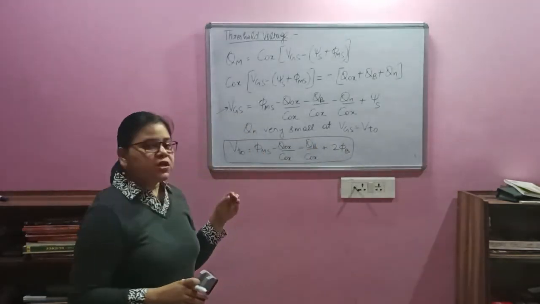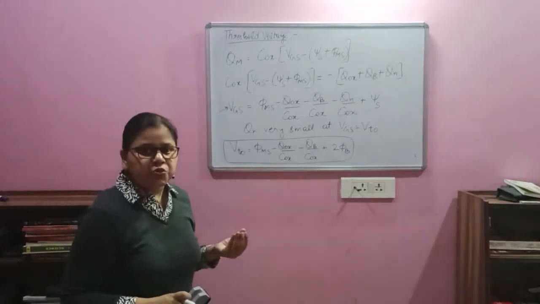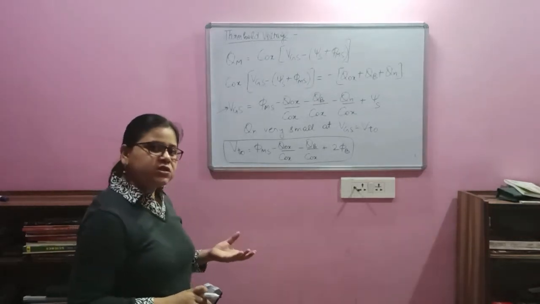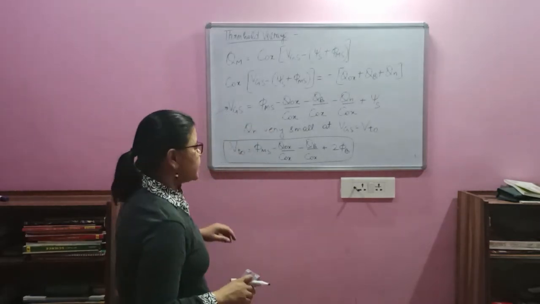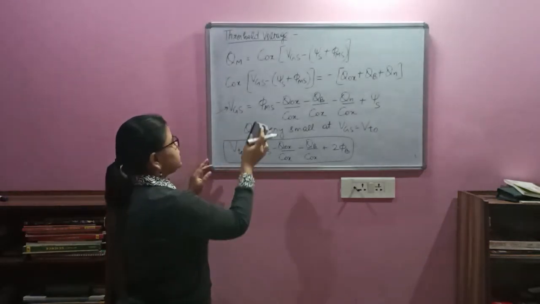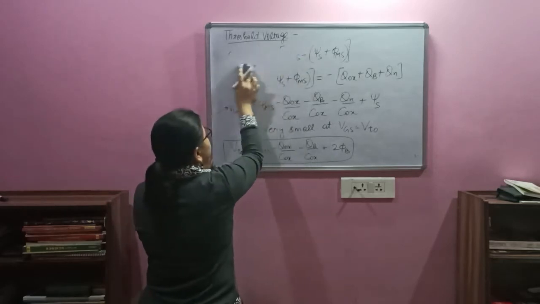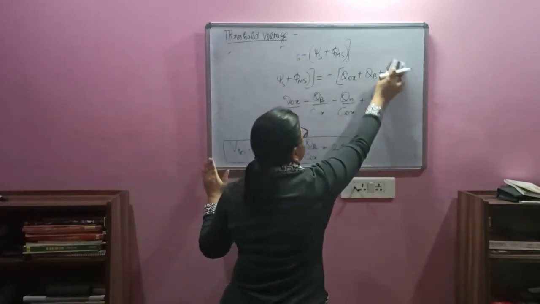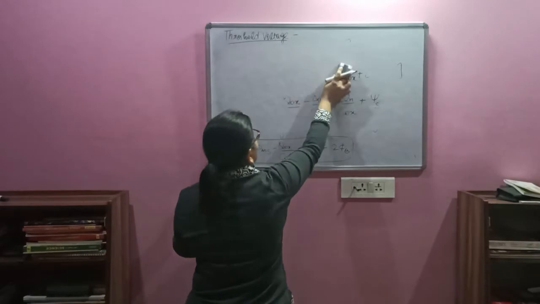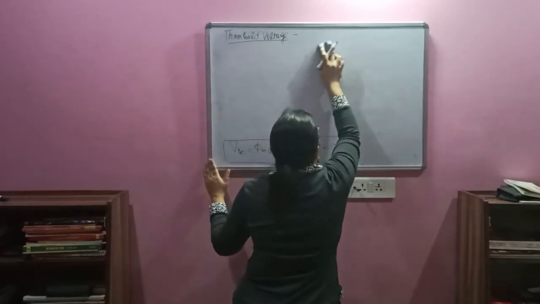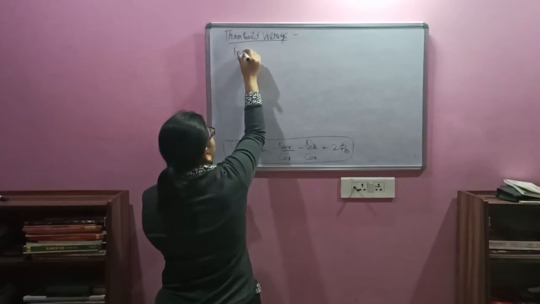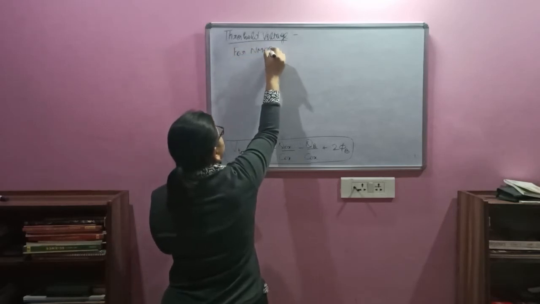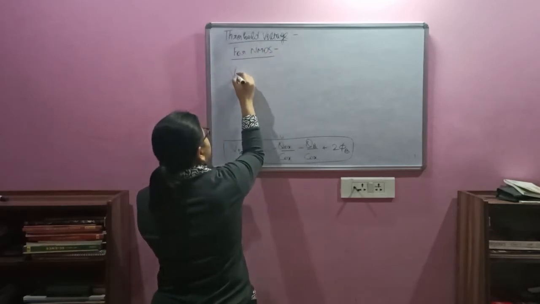Now a few terms will change when we consider an NMOS or a PMOS device. Further we will see what changes occur in this equation if the device is an NMOS type or a PMOS type. So when I have to write it for the NMOS, I write it like this.